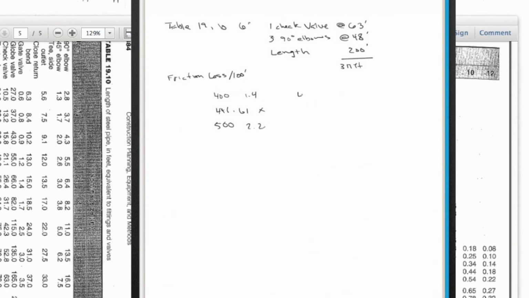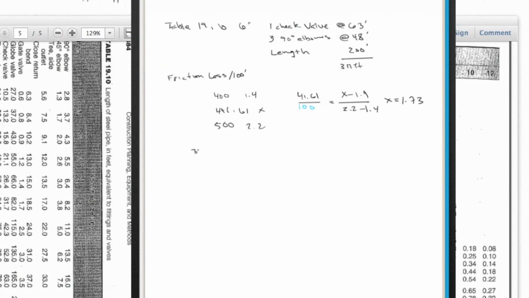So doing our math here, 41.61 over 100 equals x minus 1.4 over 2.2 minus 1.4. So we get our value is going to be 1.73, so 1.73 for every 100 feet.